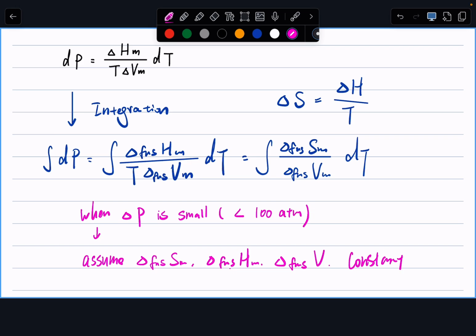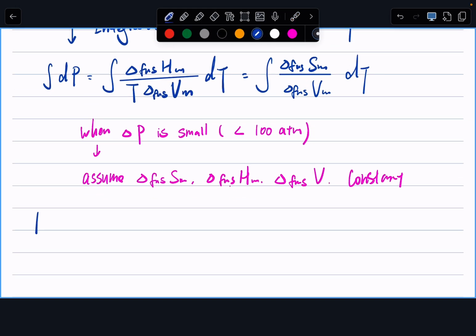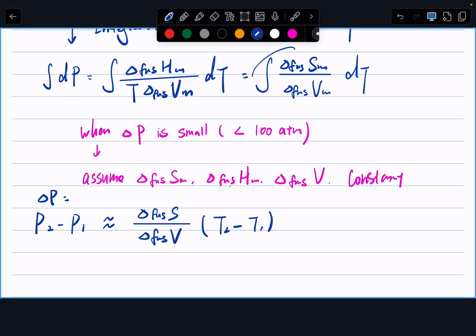All right. So with that in hand, it's straightforward to solve this integral, right? Either you have your P2 minus P1, or delta P, roughly equal to your delta fusion S over delta fusion V times T2 minus T1. So that's this one.